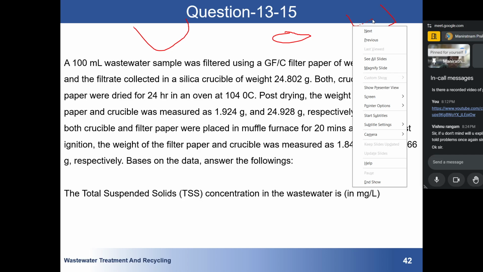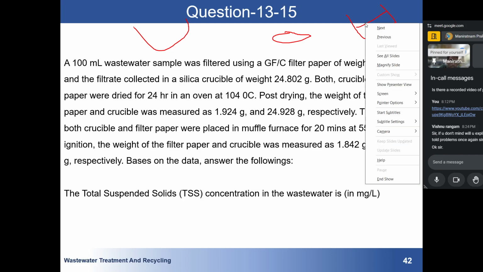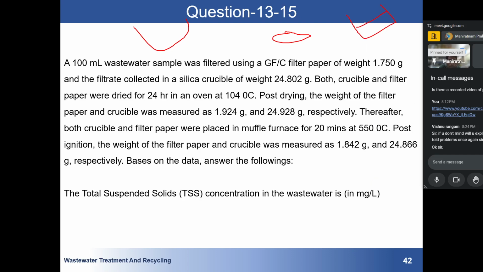100 ml of sample. We took a filter paper, did some arrangement, and passed this water through this filter paper.